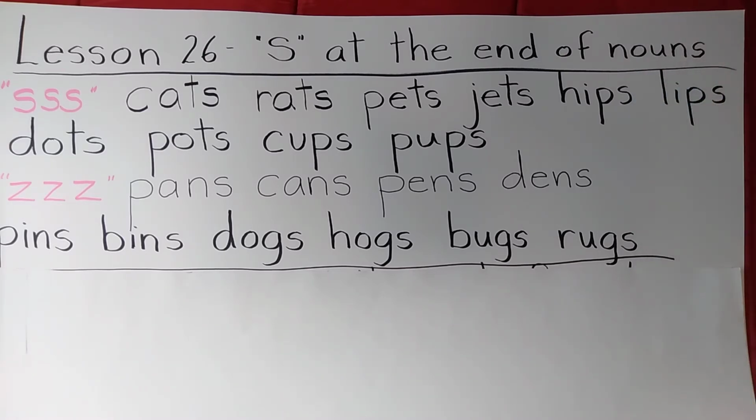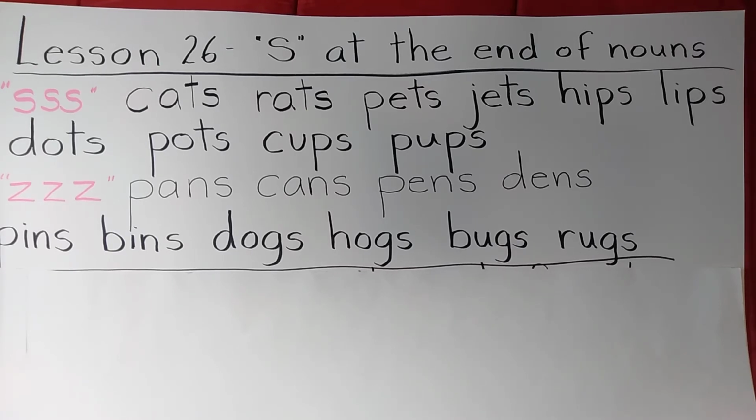And a noun is a part of speech in English. Words have different functions in English, and nouns are words that are persons, places, or things. For example, a boy is a noun, person. School is a noun, place. Bicycle is a noun, thing.